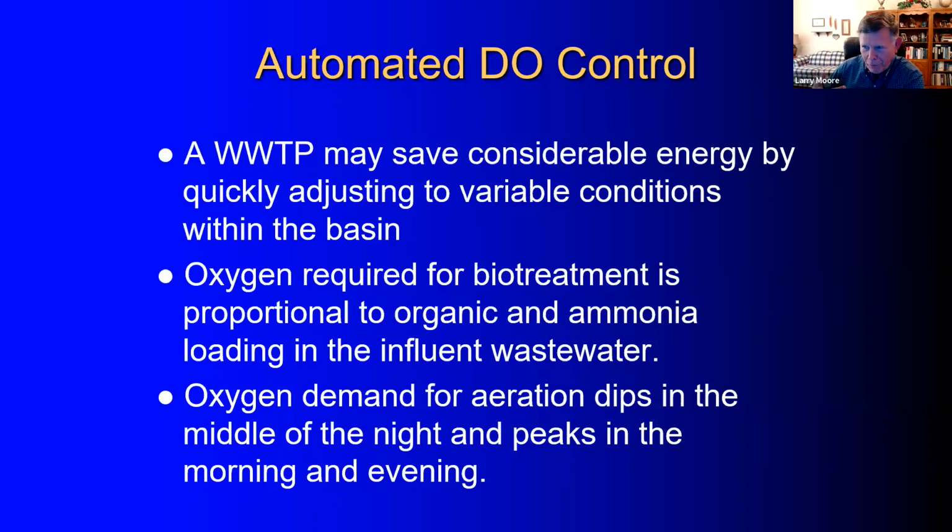You should be converting at least 90% of the ammonia to nitrite and nitrate, mostly to nitrate. And so it's going to be very efficient in nitrification. And if you're doing that, about 70% of your energy use or aeration requirements will be for carbonaceous BOD removal, and about 30% will be for nitrogenous BOD removal, or the conversion of ammonia to nitrate.